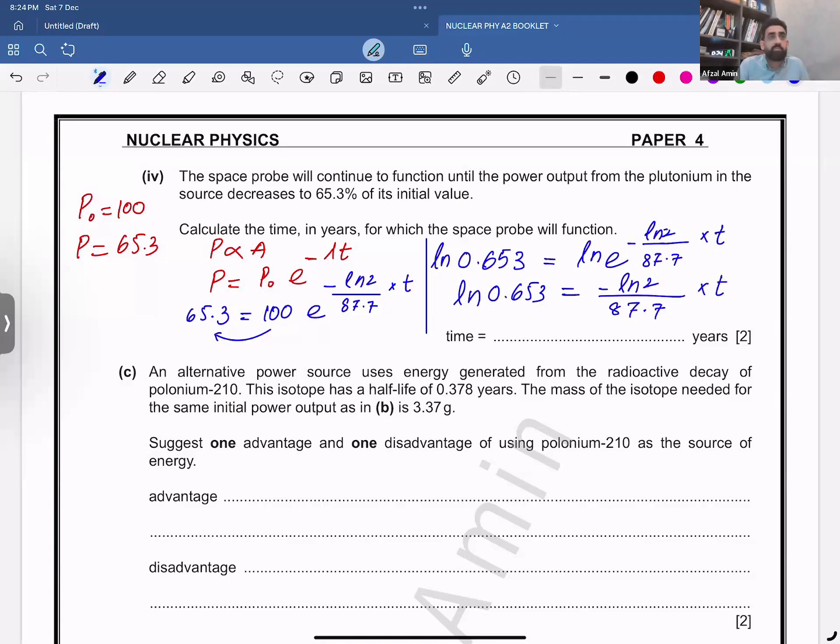Rearrange and get the answer: 53.9 years.